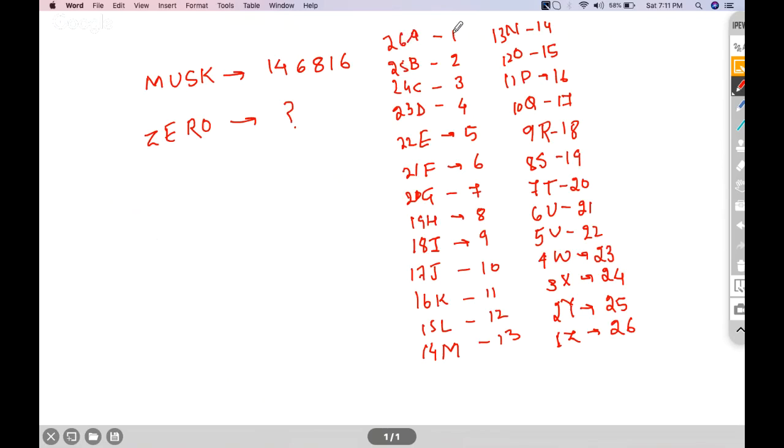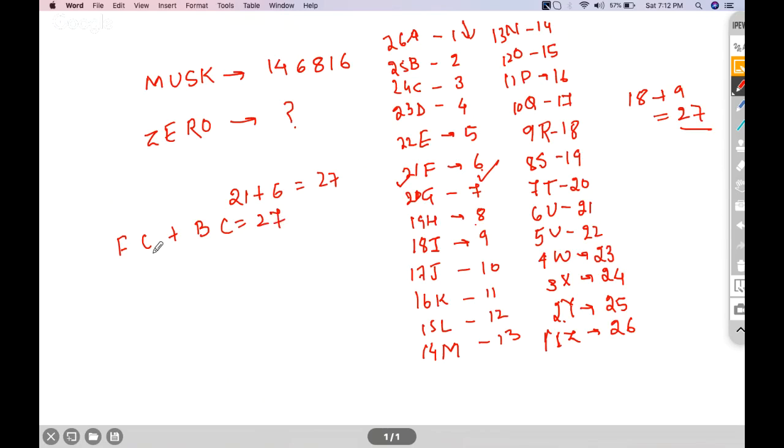Now, if you look at the number from A to Z, and the number from Z to A, and add both these numbers, suppose I take F: forward counting F is 6, backward counting F is 21. 21 plus 6 is how much? 27. Similarly, if I take R, forward counting is 18, backward counting is 9, how much is it? 27. So for all the alphabets, forward counting plus backward counting would be equal to 27.